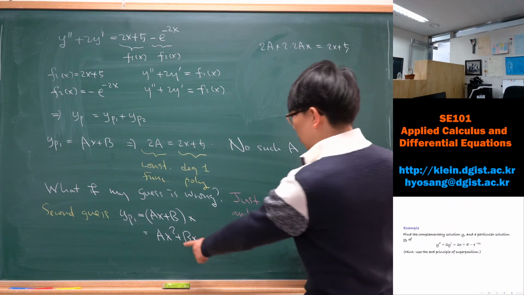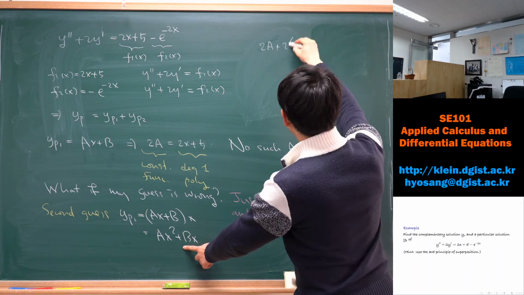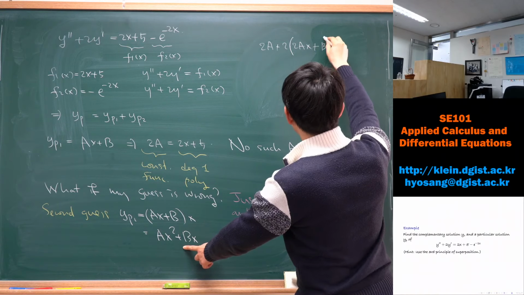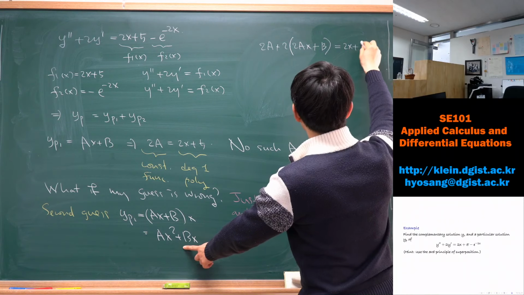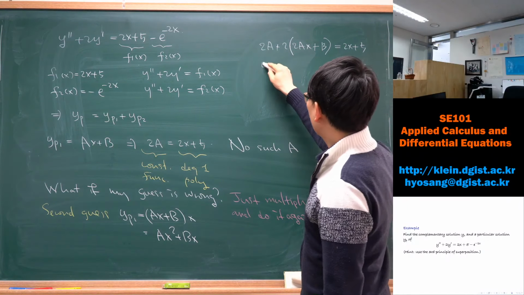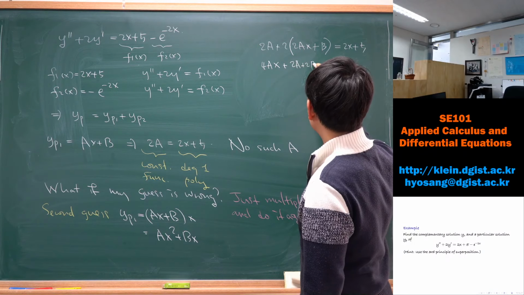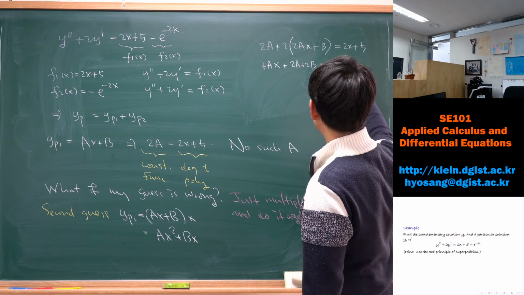I forgot b, right? So this is 2ax plus b, and the left-hand side becomes 4ax plus 2a plus 2b, equals 2x plus 5.